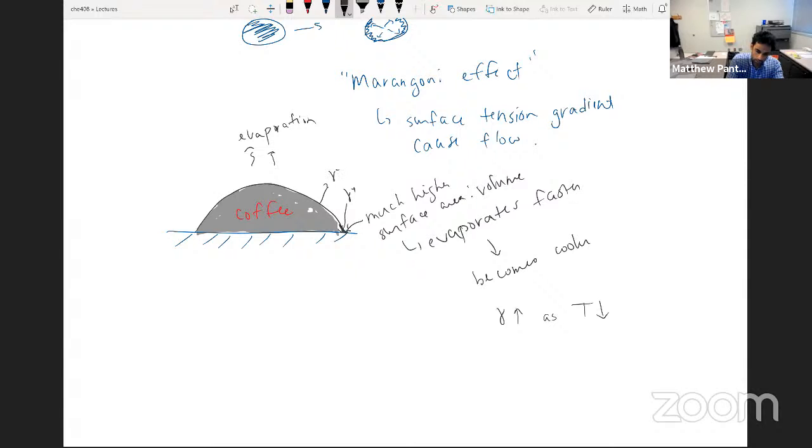This will result in flow, not convection, that's the wrong word here, it's called flow driven by the surface tension, toward the edge. So that's one technique, or one problem, that we face.